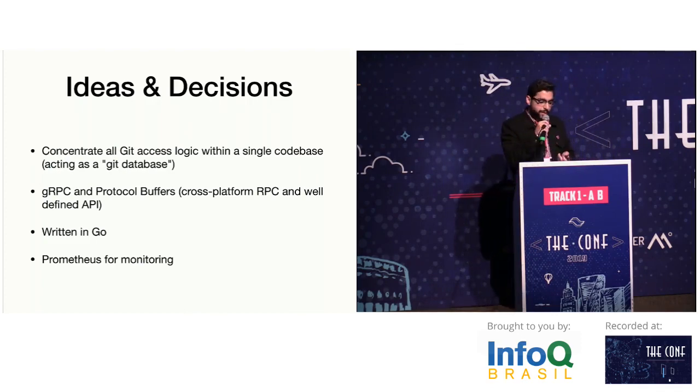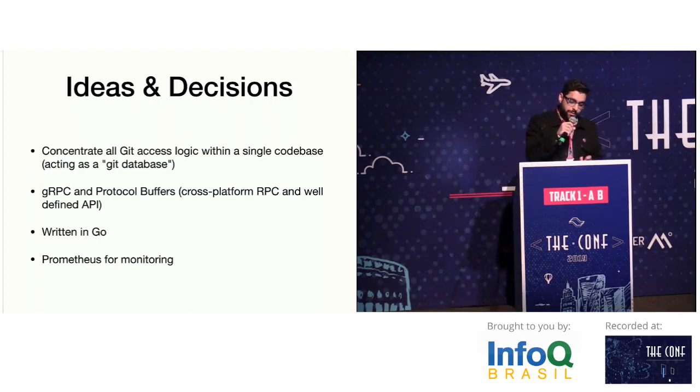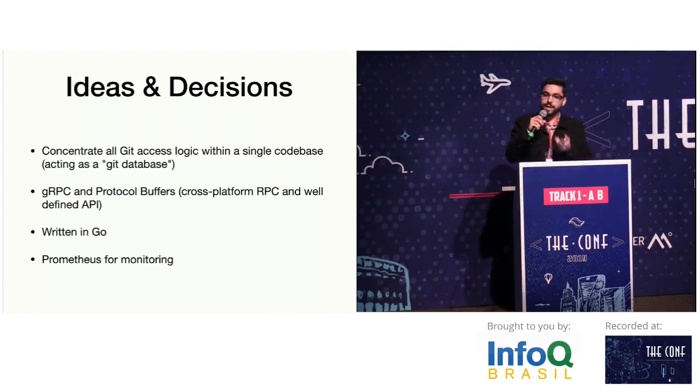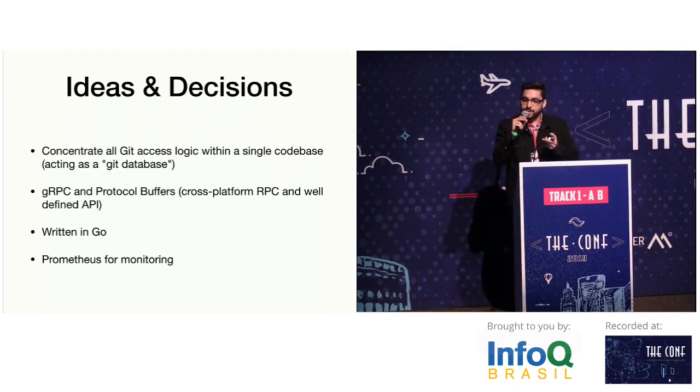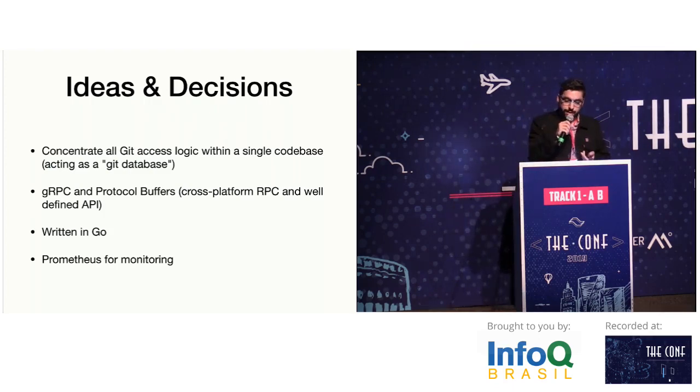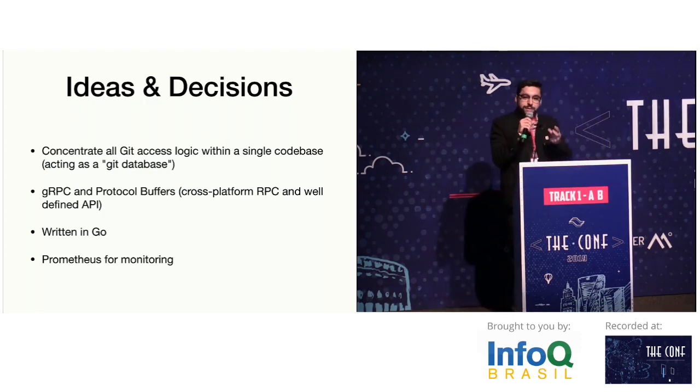We would use gRPC and protocol buffers, which is a cross-platform RPC, and for well-defined APIs, you can just describe messages and reuse messages and get a more, let's say, strict API. Since it's typed, it's cool because you can make it more resilient.